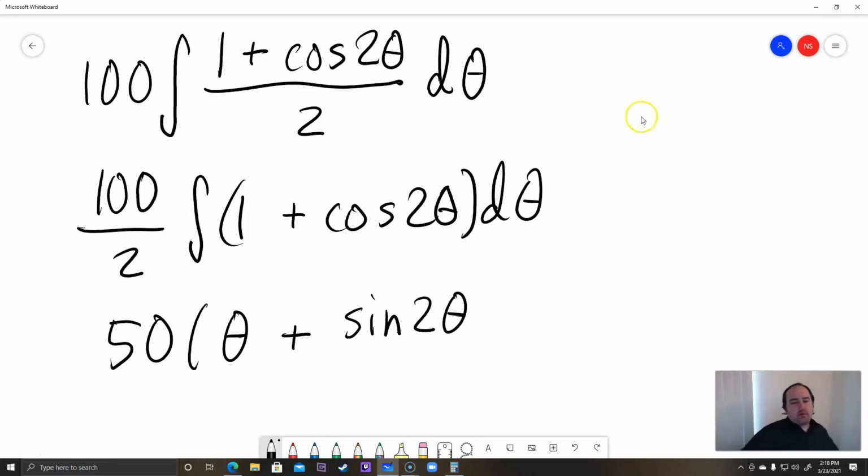And then remember, if you're doing a u substitution and you just have a constant on the inside of your function, you end up dividing by that constant. So here we're going to end up dividing by 2. So we have sine of 2 theta divided by 2. And then for this integral, it was an indefinite integral, so we're going to write plus C at the end.